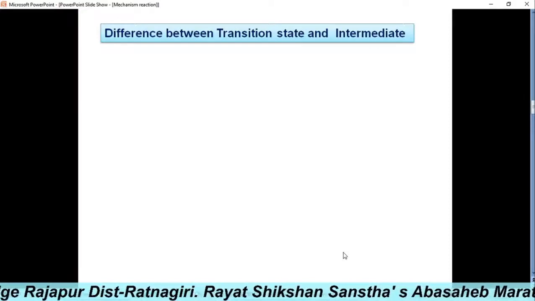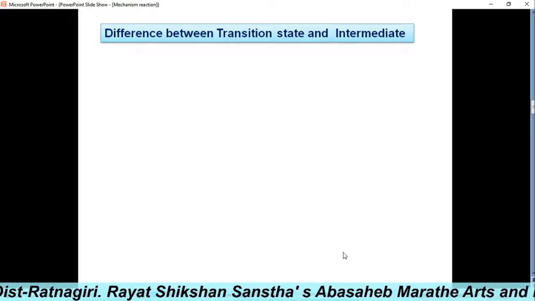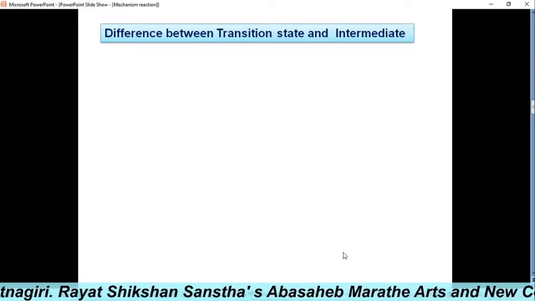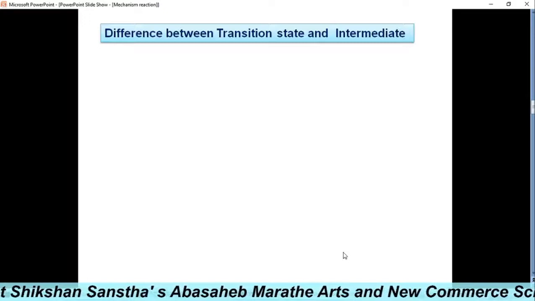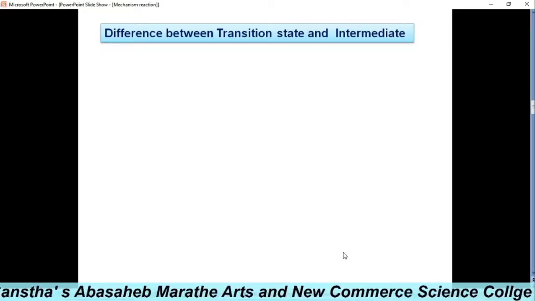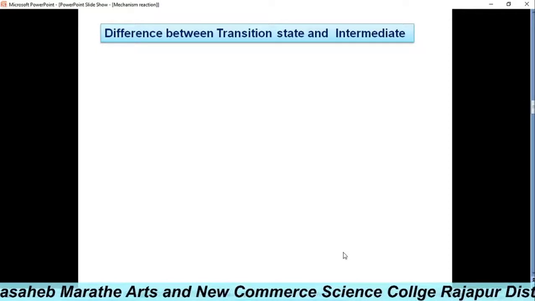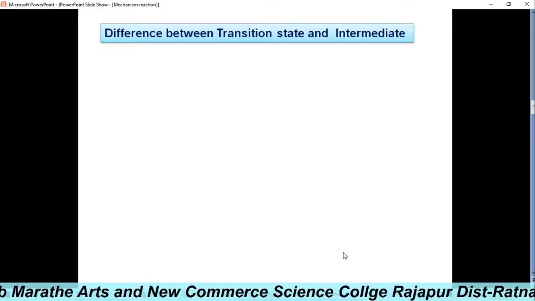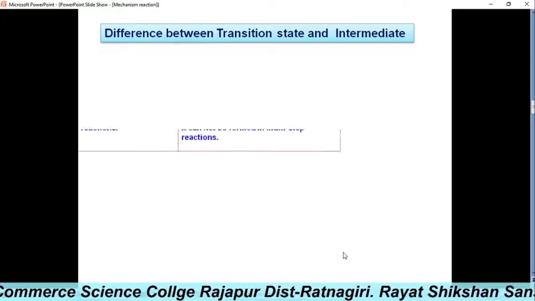In some cases, an intermediate can be isolated under special conditions. The relative energies of all species in a reaction can be understood by the energy profile diagram. The difference in energy of the transition state and reactants is called the energy of activation. If the energy of activation is less, then the reaction takes place more favorably.